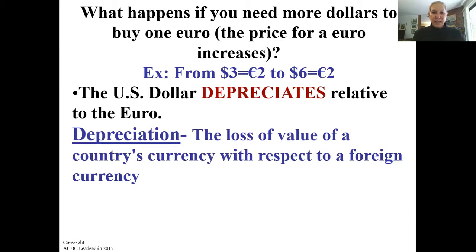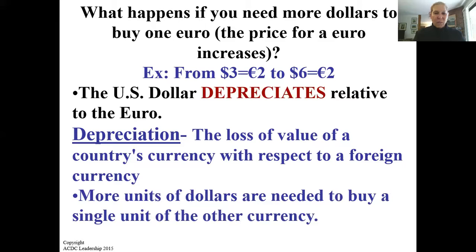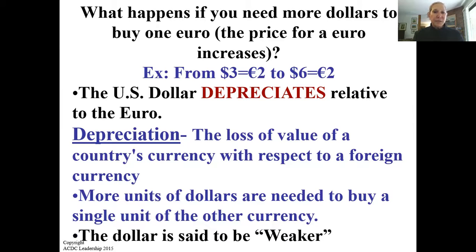Depreciation is the loss of value of a country's currency with respect to a foreign currency. More units of dollars are needed to buy a single unit of the other currency. The dollar is said to be weaker in this particular case.